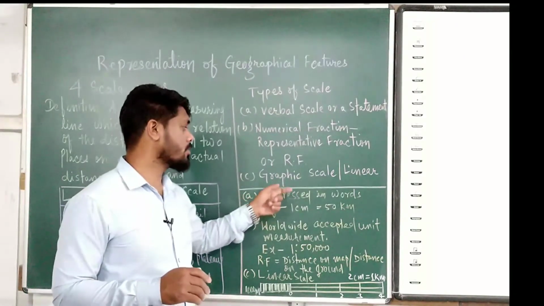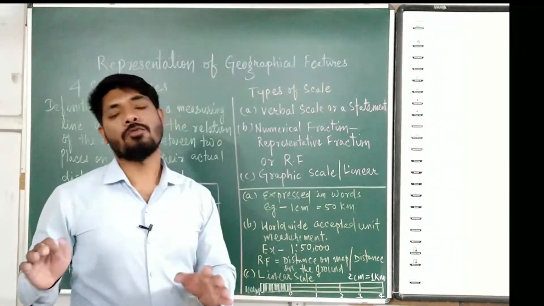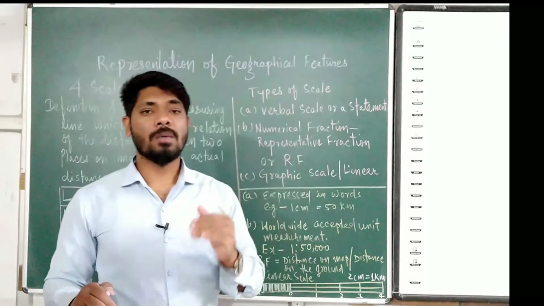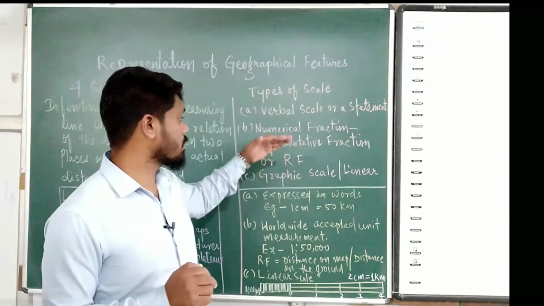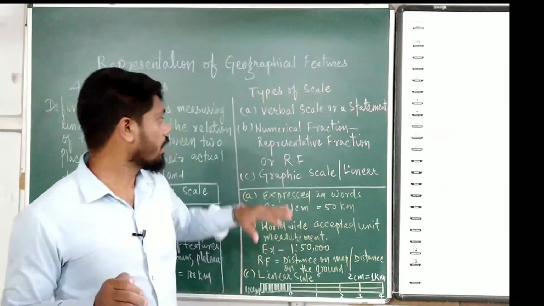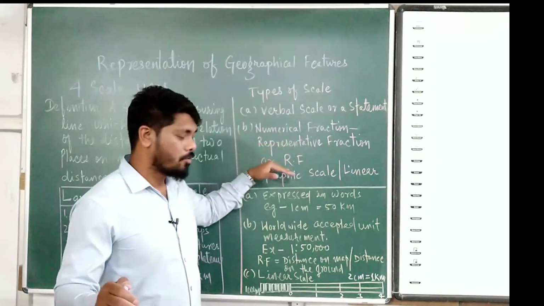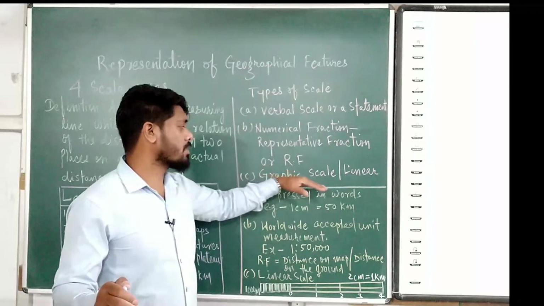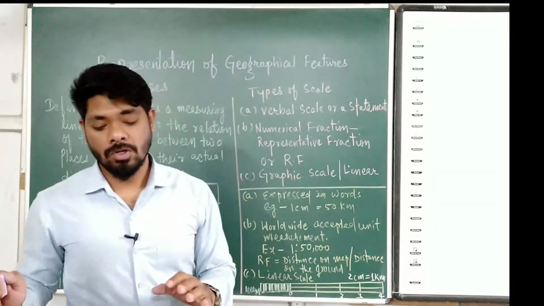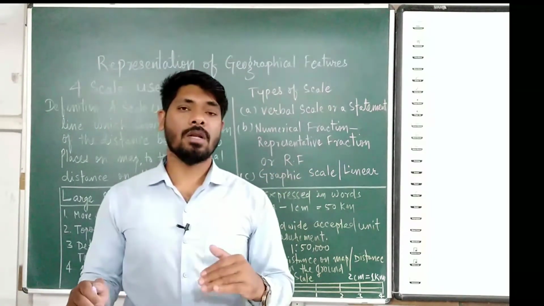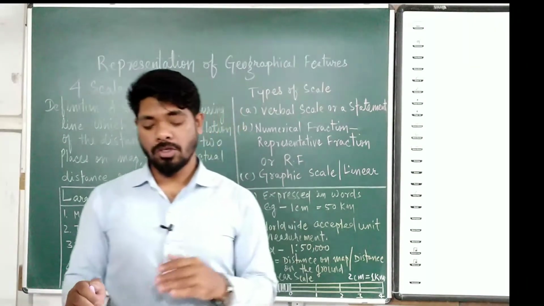It is expressed in words. In a topographical map, all three types of scales are given: the verbal scale, the RF, and the graphic or linear scale, shown below the topo sheet.